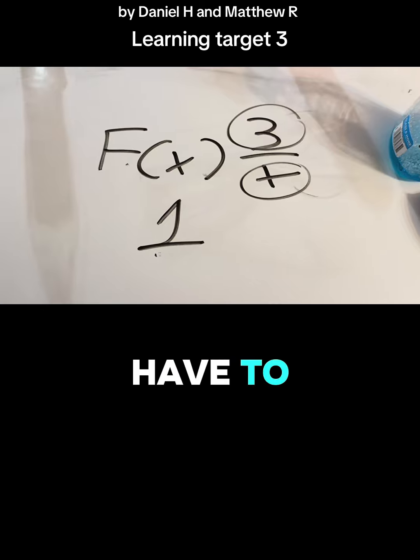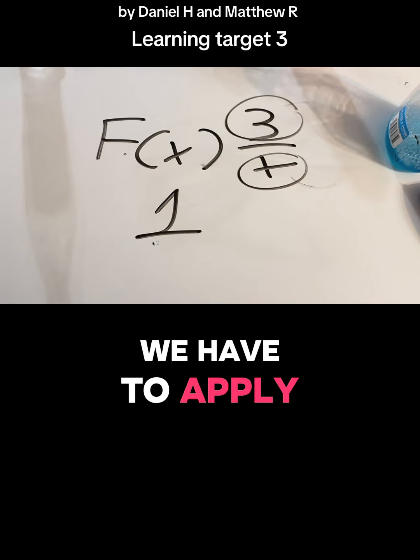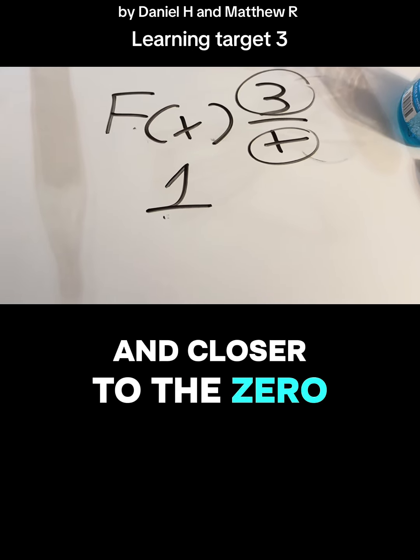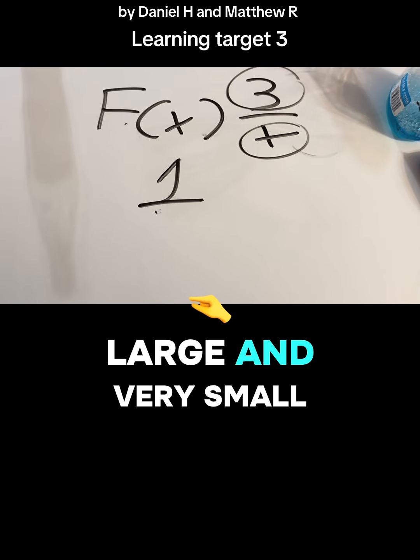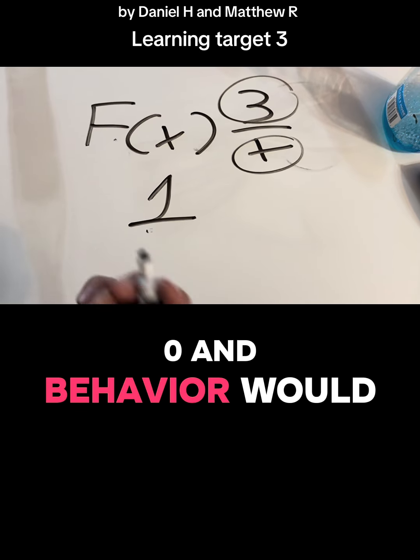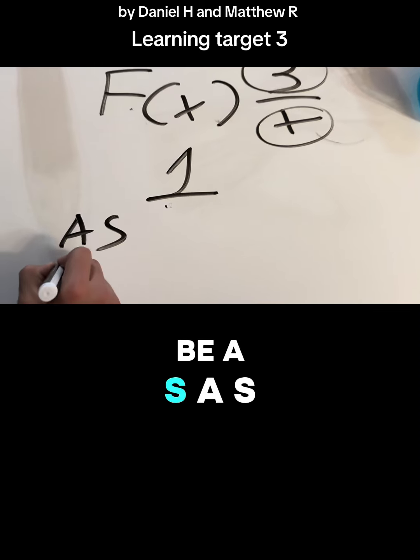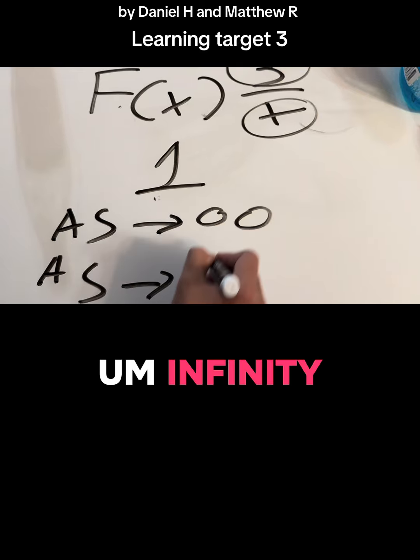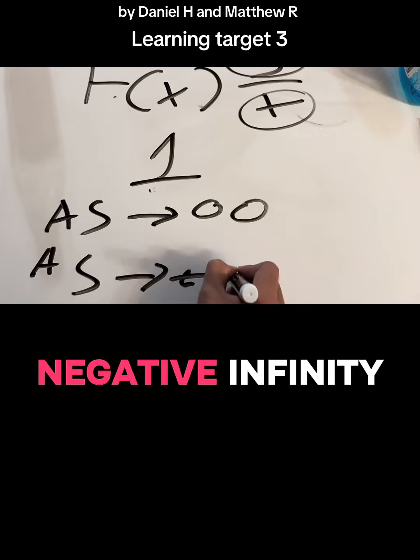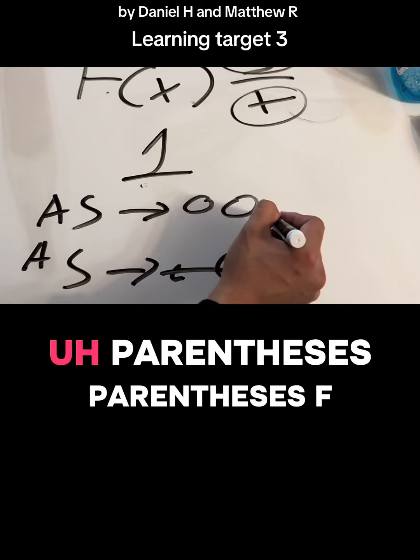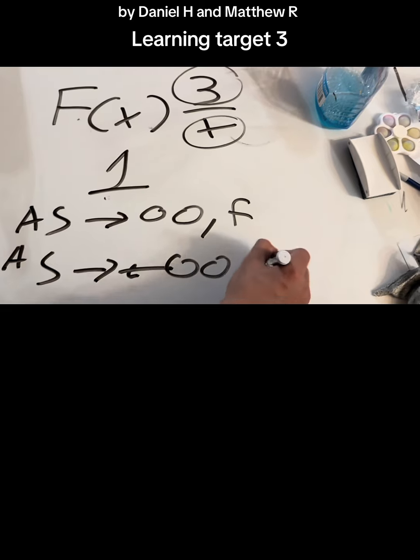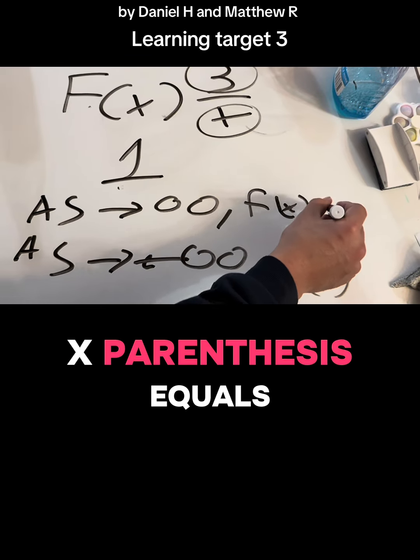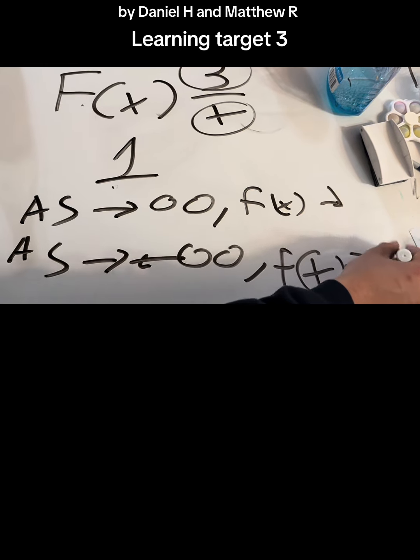So now we have to apply the rule. When the denominator has a higher degree, the fraction gets closer and closer to 0 as x gets very large or very small. So the overall end behavior would be: as x goes to infinity or negative infinity, f(x) equals 0.